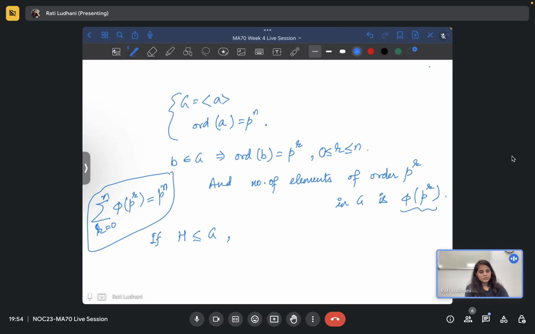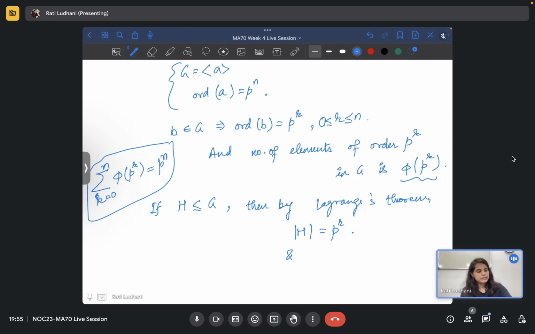So if H is a subgroup of G, then by Lagrange theorem, order of H, so order of H means cardinality of H, will be equal to some power of p.